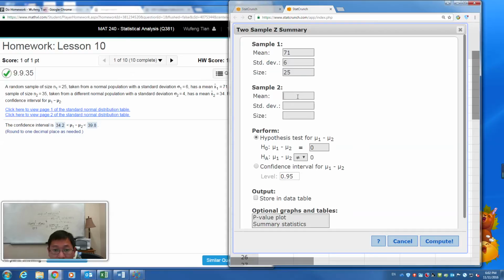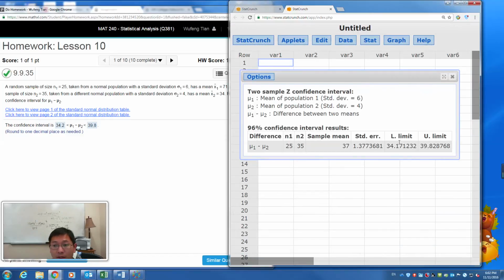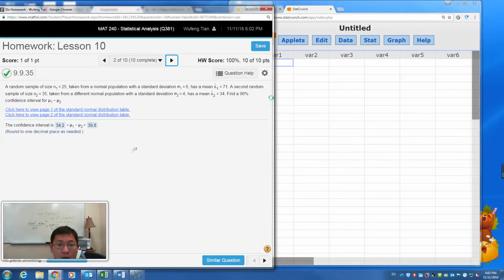The mean value for the second one is 34, standard deviation 4, sample size 35, and 96 percent. Okay, so you can compare: lower limit 34.2, upper limit 39.8. So that's it. Okay, next question.